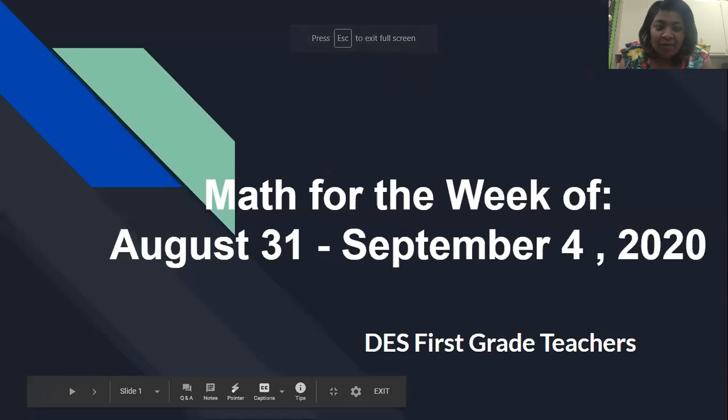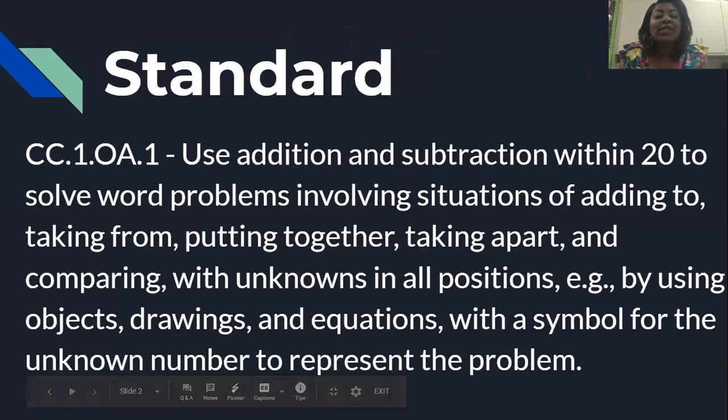All right, so our standard is OA1. We're going to use addition and subtraction within 20 to solve word problems involving situations of adding to, taking from, putting together, taking apart, and comparing with unknowns in all positions. For example, using objects, drawings, and equations with a symbol for the unknown number to represent the problem.